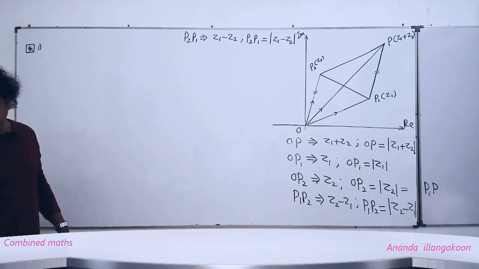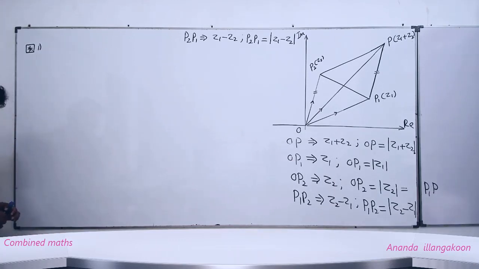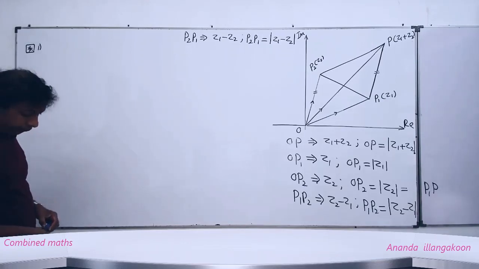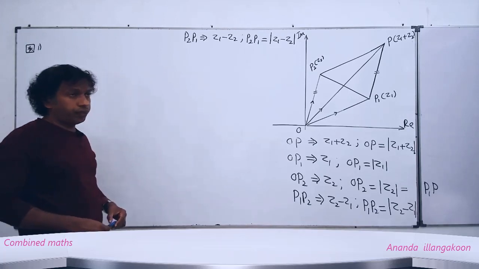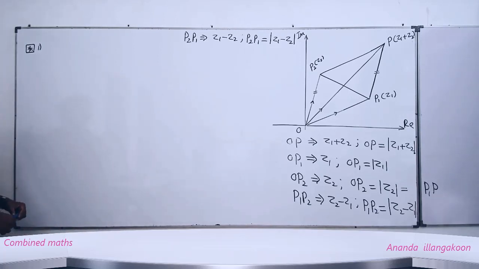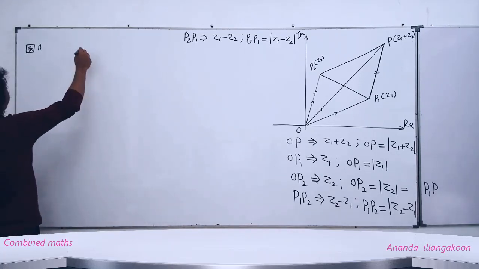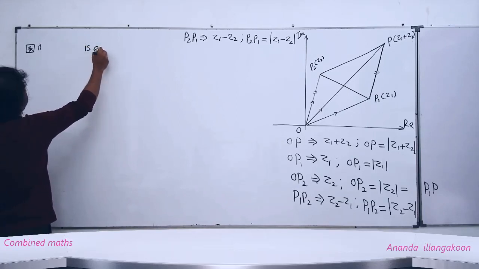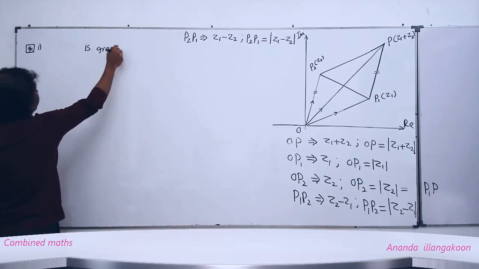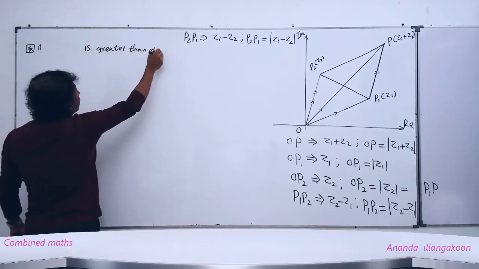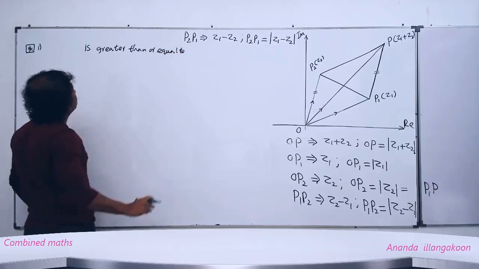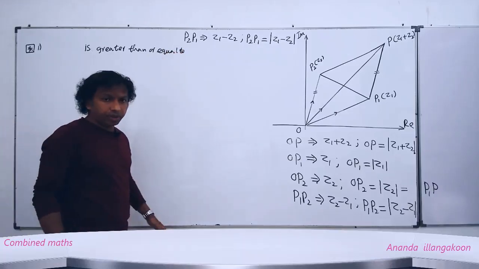Write in the first one: the sum of any two sides of a triangle is greater than or equal to its third side.